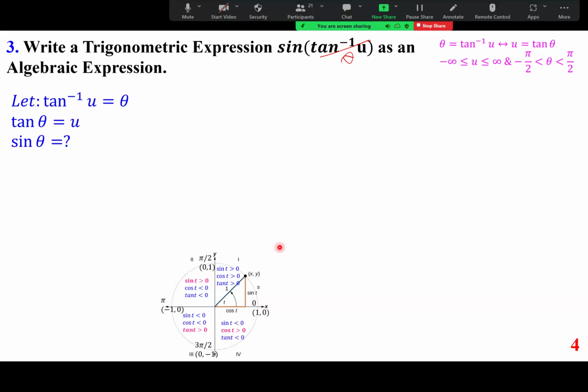And by the way, I'm reminding you of the sign of various trigonometric functions in various quadrants. A point has coordinates x and y. Remember, x is cosine and y is sine in unit circles. So it will help you see that, of course, everything is positive here in the first quadrant.